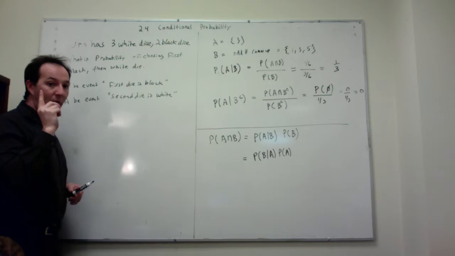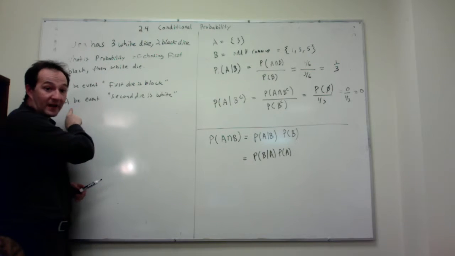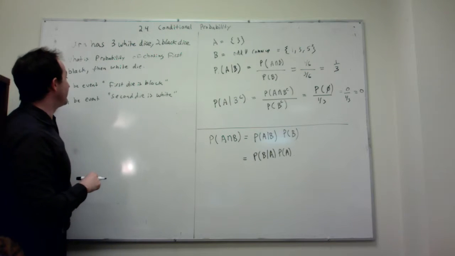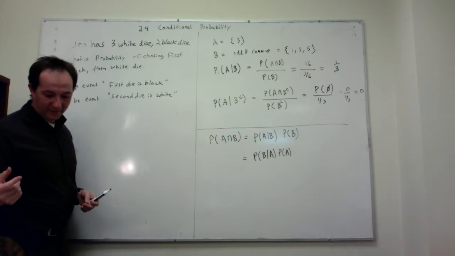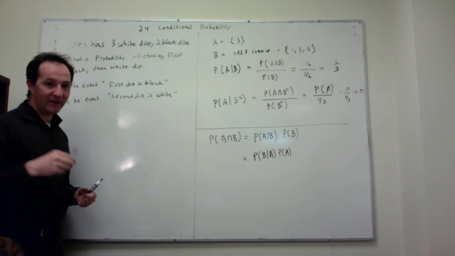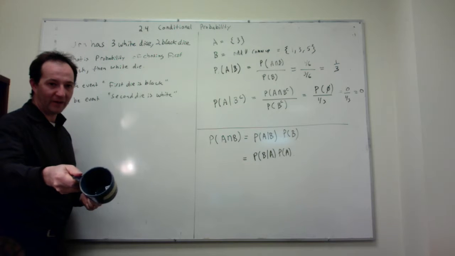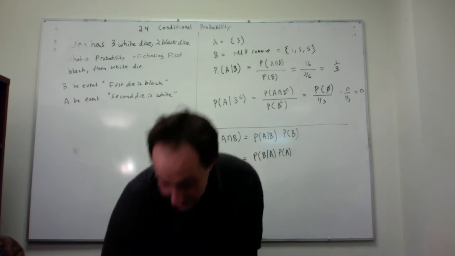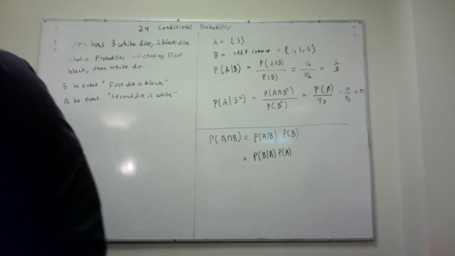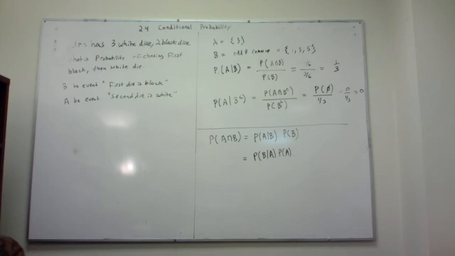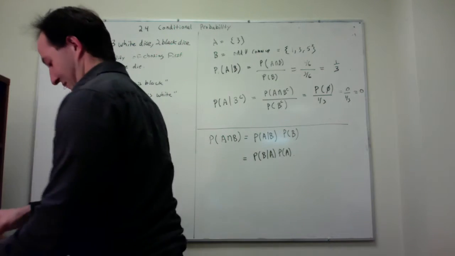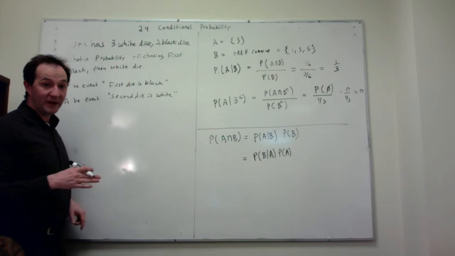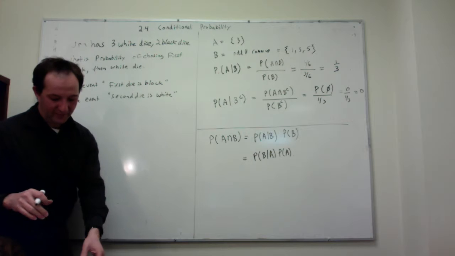However, it is easy to say what P of A given B is, because B is the event that the first die was black. If we take one black die out, then there are 3 white dice and 1 black die in there. Which means that it's easy to write down the probability of A once we've conditioned on B.